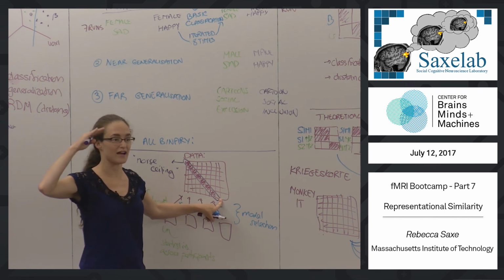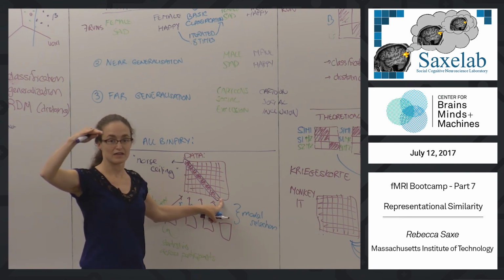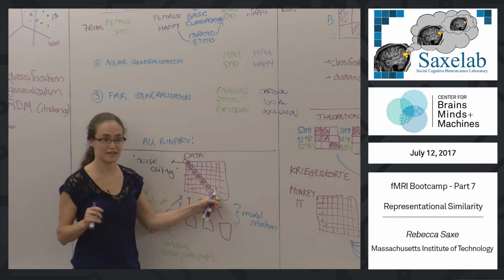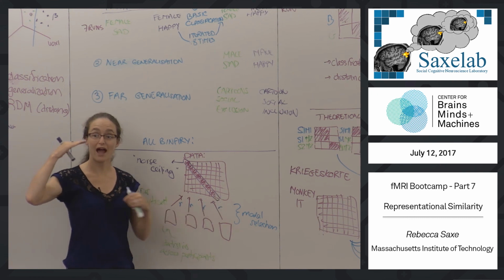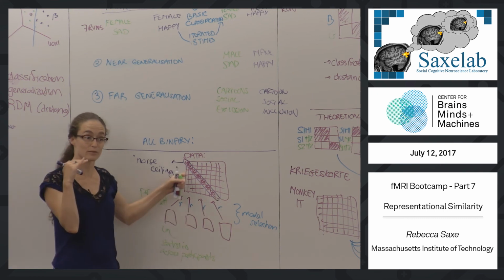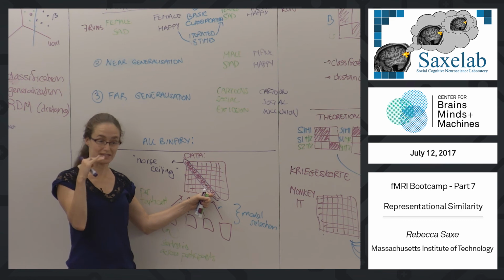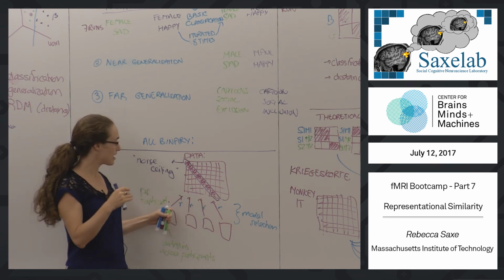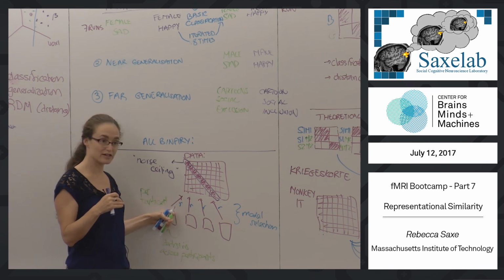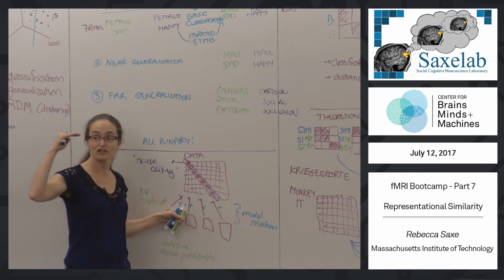It's the similarity of the same condition to itself again. There are various ways of using that similarity to compute how much of the variance in your matrix is real signal variance and how much is noise, and then compare your theory to your data as a function of that ceiling.